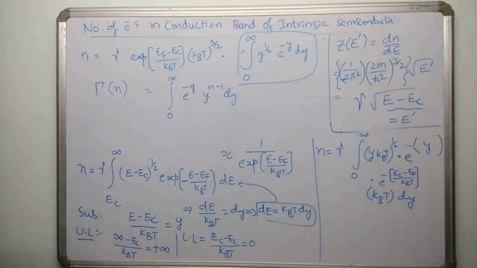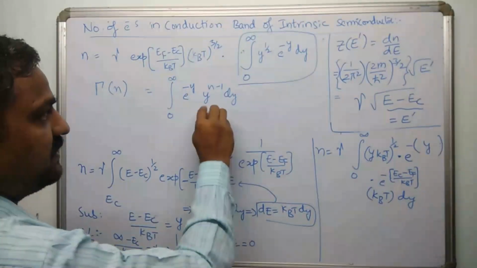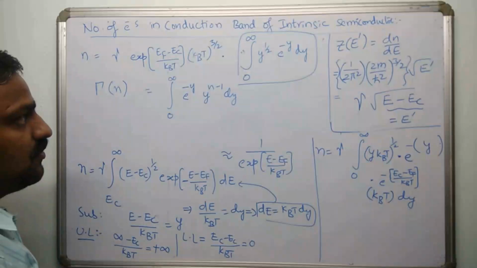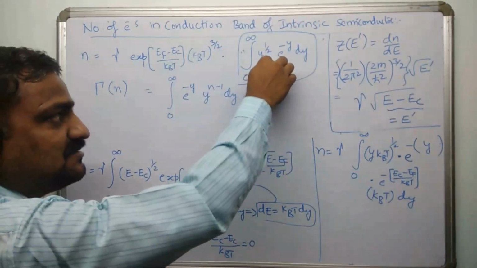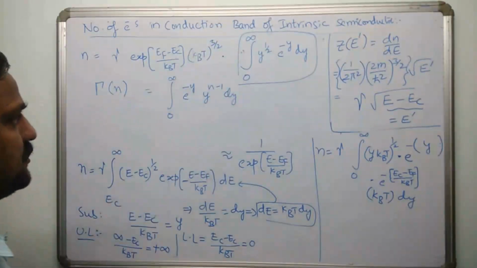This is the gamma function. So e power minus y is there, and the upper and lower limits are matching. The only thing is, in place of y power n minus 1, we have got y power 1 by 2. So we can write this as 3 by 2 minus 1. Right? So this is going to be gamma 3 by 2.